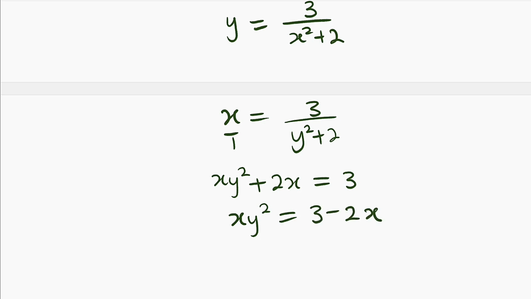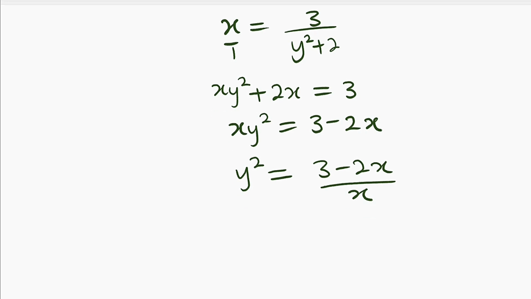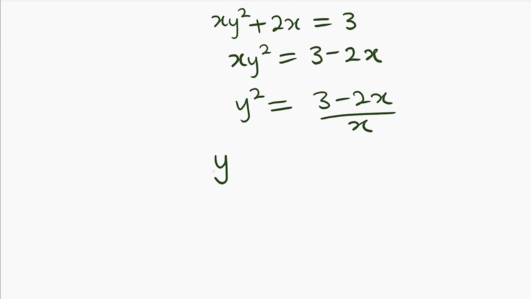Now we are free to subtract 2x from both sides, leaving x y squared equal to 3 minus 2x. Again, we can divide both sides by x, leaving only y squared to the left, and this is equal to 3 minus 2x divided by x. And finally, we can take square root of both sides, leaving y equal to plus or minus the square root of 3 minus 2x divided by x.